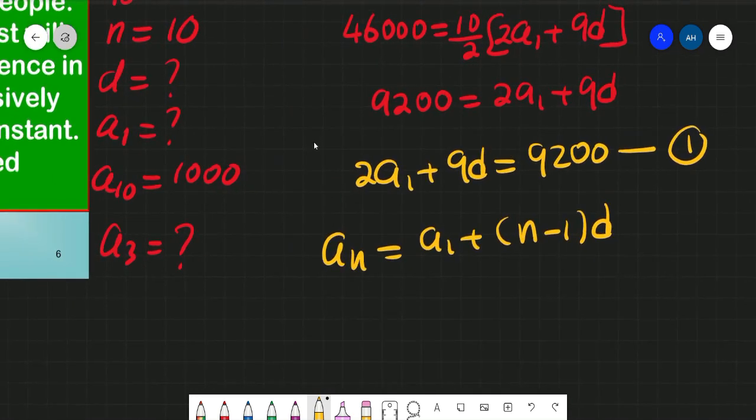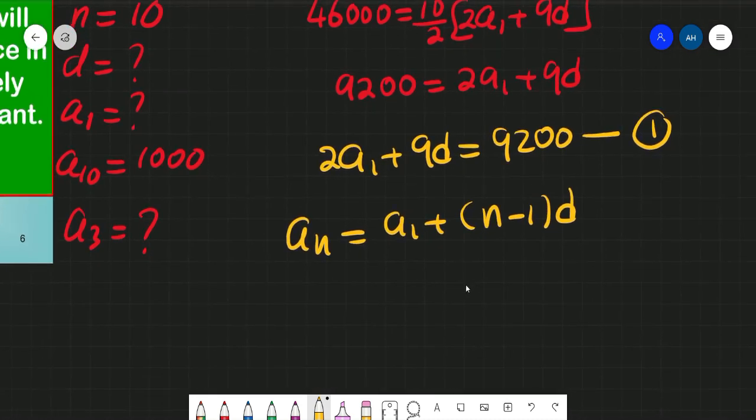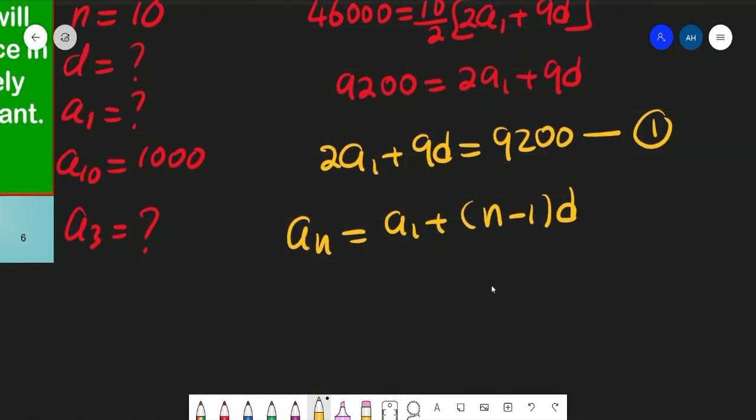Now from this information, the amount of bonus received by salesperson number 10, that is a10 equal to 1000, let's use that information to construct another equation. So an equal to 1000 received by salesperson number 10 equal to a1, we don't know yet, plus n is still equal to 10, so 10 minus 1 is still 9, so we have 9d.